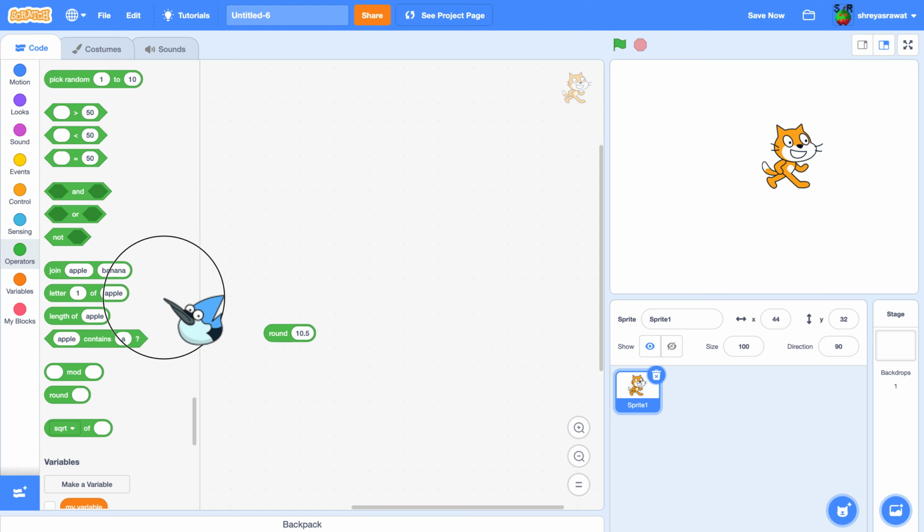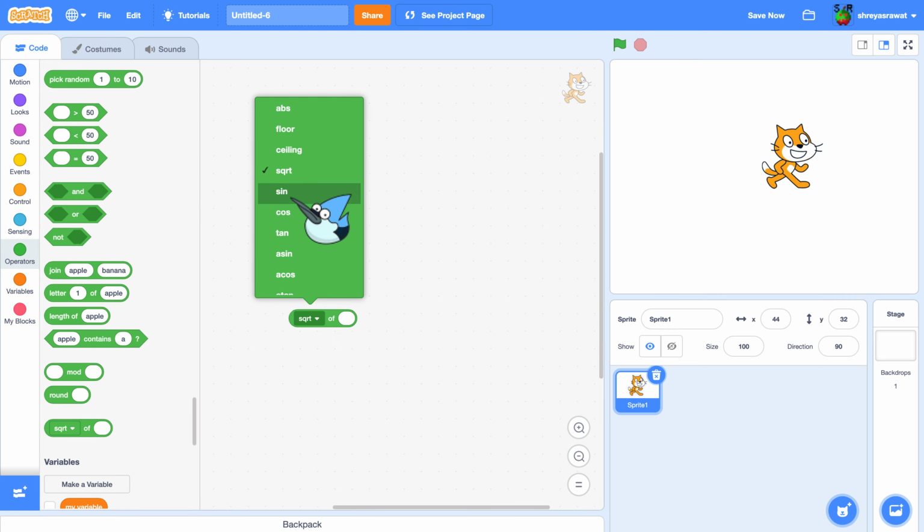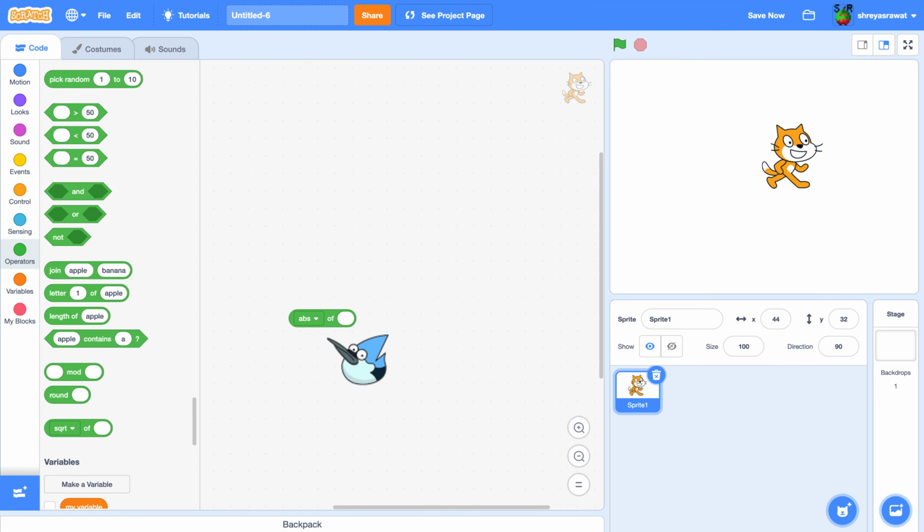Next, the last one for this video has a lot of options like floor, ceiling, sine, cosine, tangent, and log. These I'm not going to cover because they're really advanced. So the first one we're going to do is ABS, which stands for absolute value.